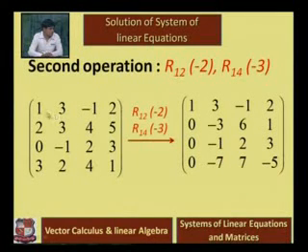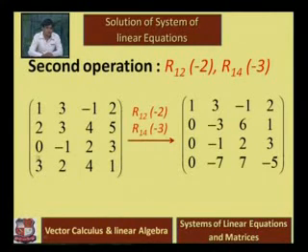Now see this matrix. Because of the row echelon form condition, all the entries below the leading one must be 0, but here in the second row there is 2 and in the fourth row there is 3.